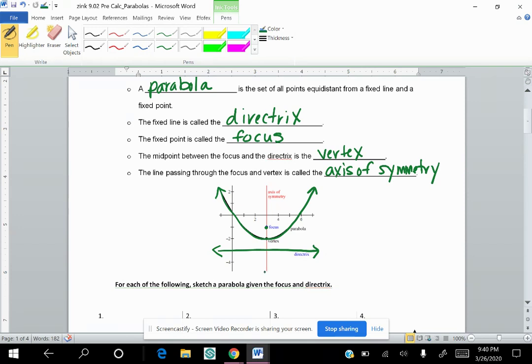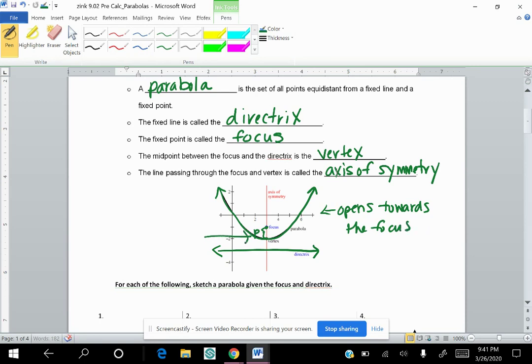The axis of symmetry is perpendicular to the directrix, and it passes through both the focus and the vertex. And the thing that'll be most important is that this distance right here between your vertex and your focus, that's what we're going to call P. So again, it opens towards the focus.